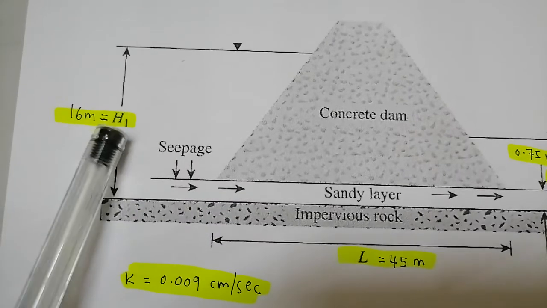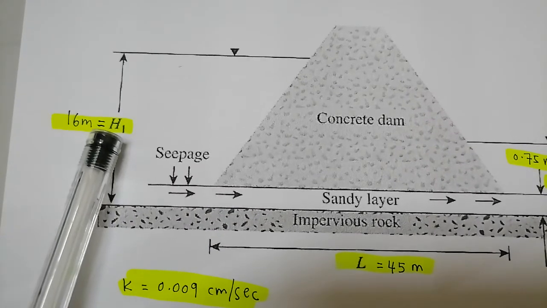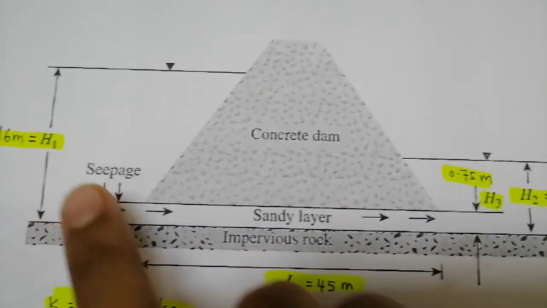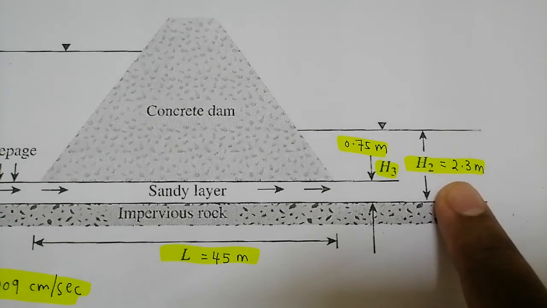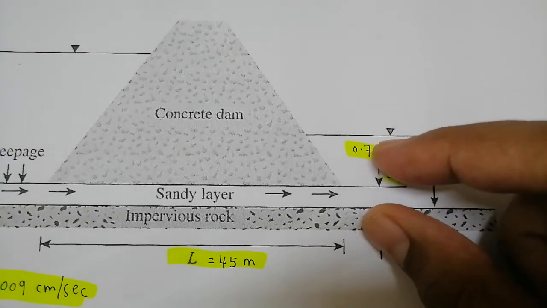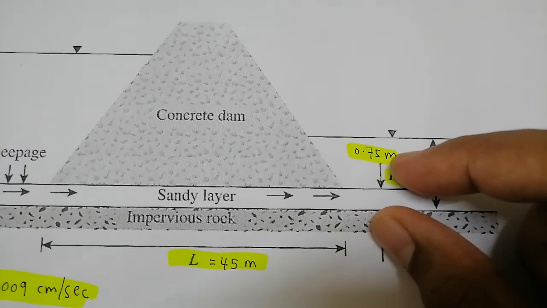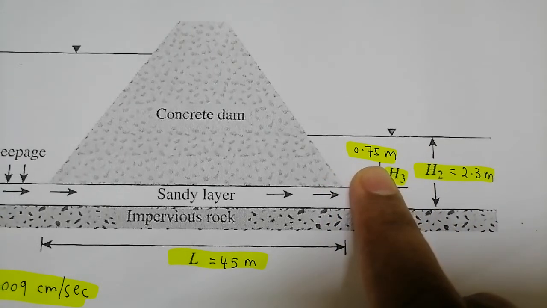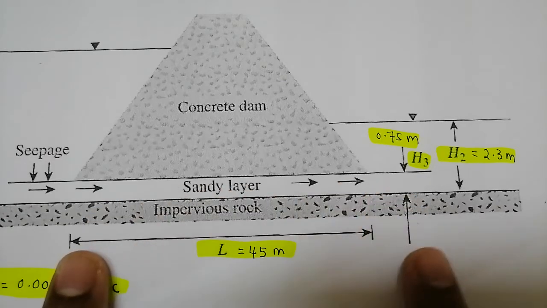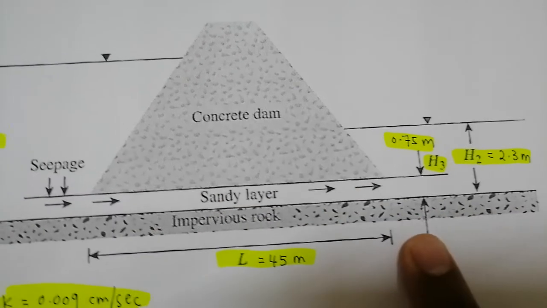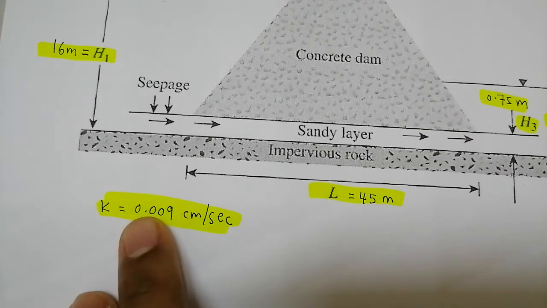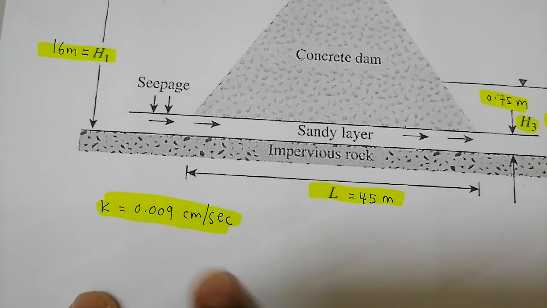Okay, so we know that H1 or the upstream water level is 16 meter, and the downstream water level is 2.3 meter, and the thickness of the sandy layer, ketebalan lapisan pasir, is 0.75 meter, and the length of the concrete dam is 45 meter, and given, diberi, K or the hydraulic conductivity is 0.009 centimeter per second.